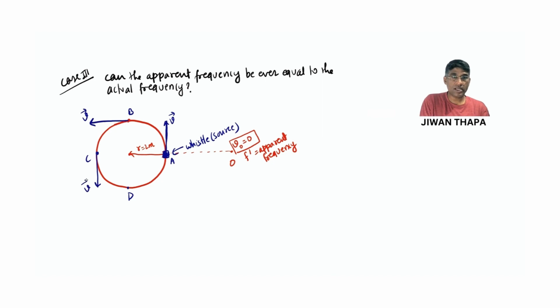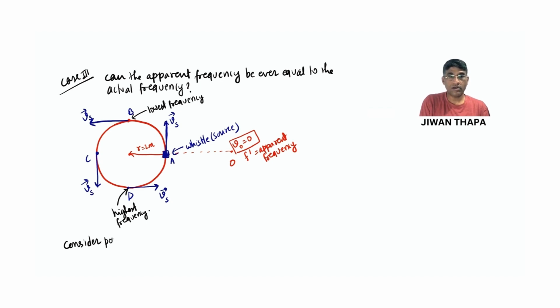This is for the source, that is whistle. And at point B we find lowest frequency, and at point D we find highest frequency.